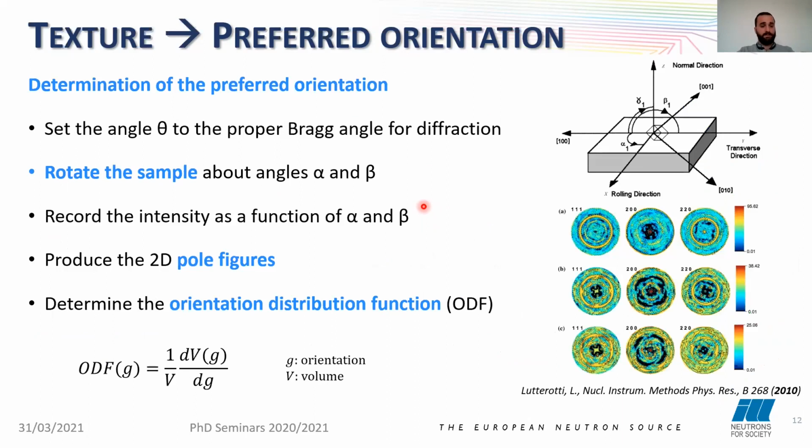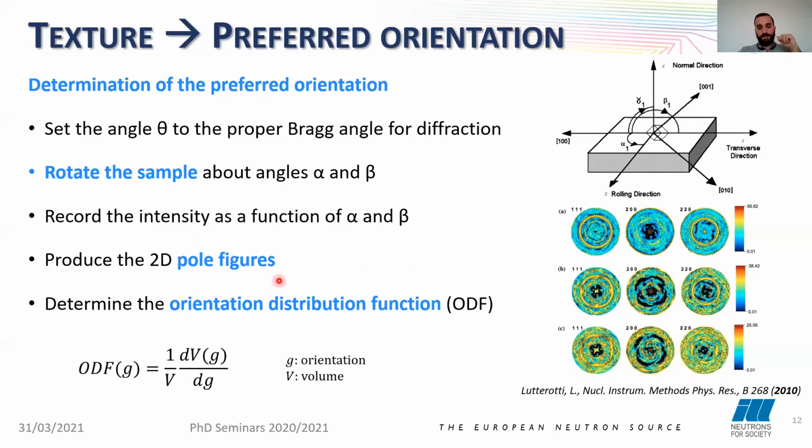So the texture of a sample can be measured through what are known as pole figures, and to do this, the radiation source and the detector must be aligned at the proper angle to have diffraction from a given family of planes. Once the system is aligned, the sample can be rotated about these alpha and beta angles, and the intensity is recorded.